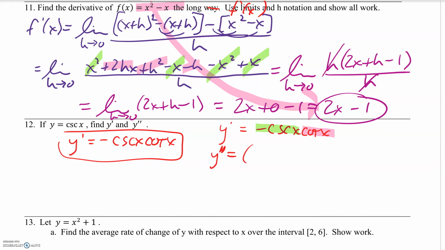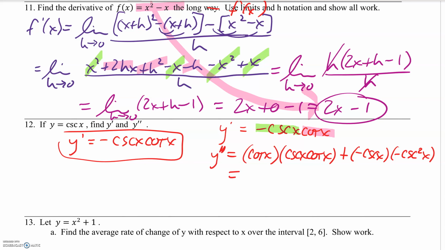We're going to go g, and then f prime, which is the derivative of negative cosecant. So it was a negative, and now it's going to change sign, so it'll become a positive cosecant x cotangent x, plus, then we take the f, which is negative cosecant x, and we multiply by the derivative of g, which is negative cosecant squared of x.